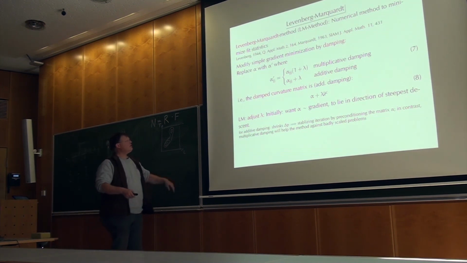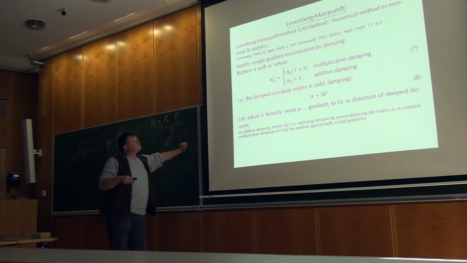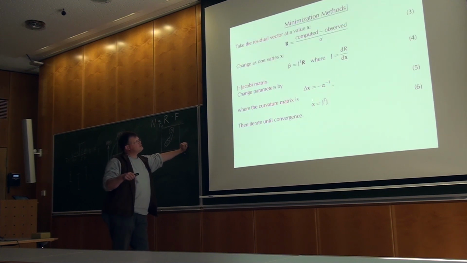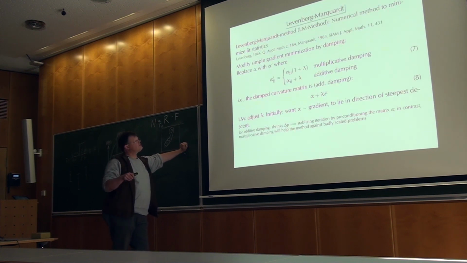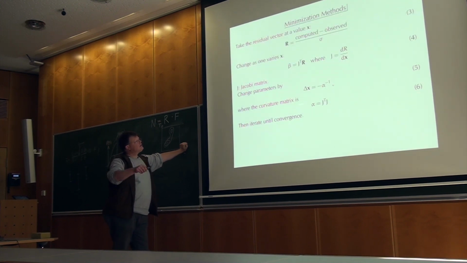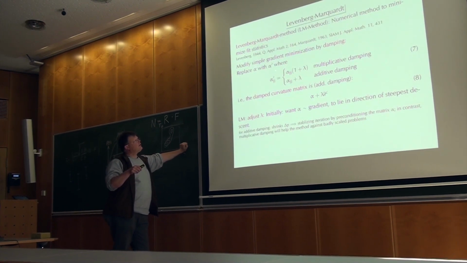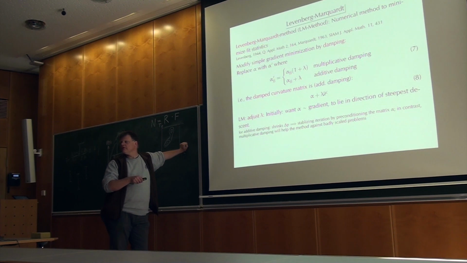The basic idea was, rather than using the so-called curvature matrix, you try to emphasize the gradient. Okay? So what you do is you do this calculation here as before, and then you multiply the diagonal elements of the matrix by some number, or you add a number to this.